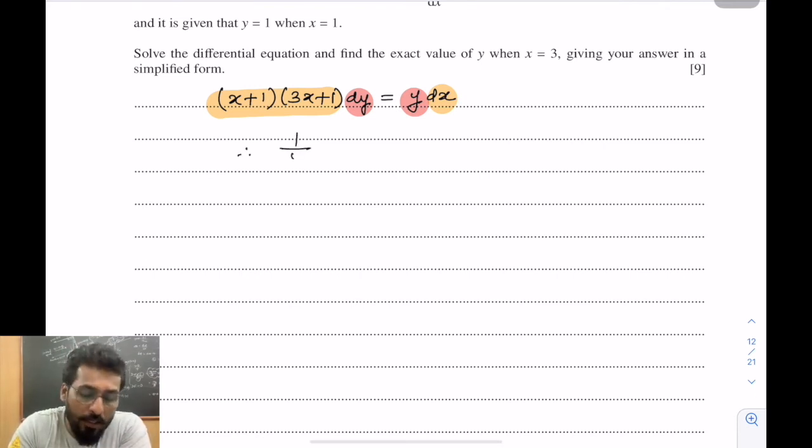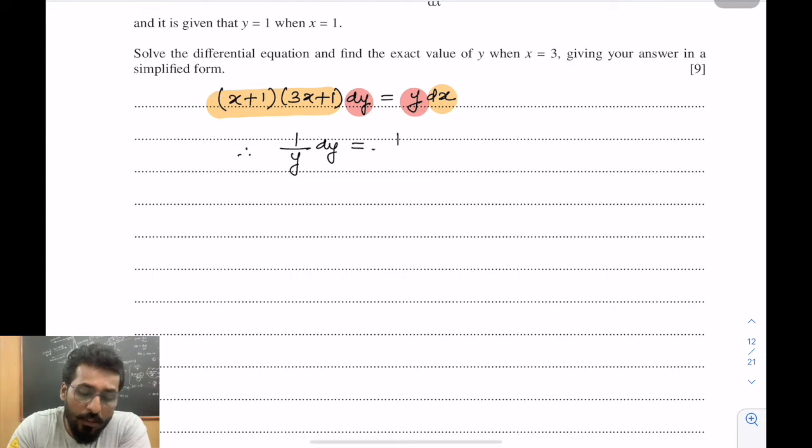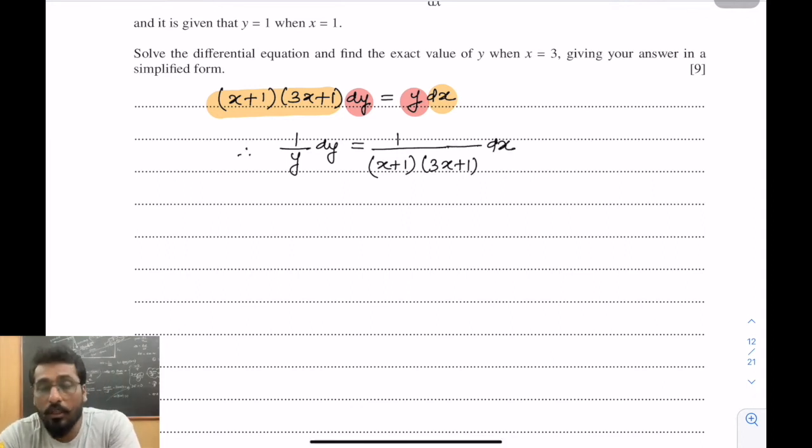I get 1 upon y dy is equal to the terms of x going to dx, so that's 1 over (x + 1)(3x + 1) dx. Now this is called the variable separable form. Now can you see all terms of x are with dx and all terms of y are with dy?